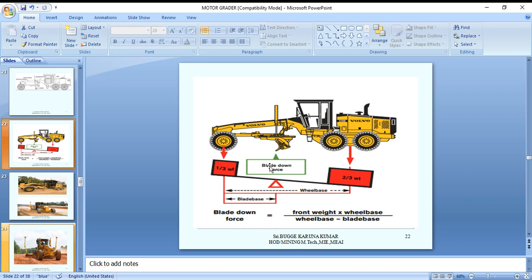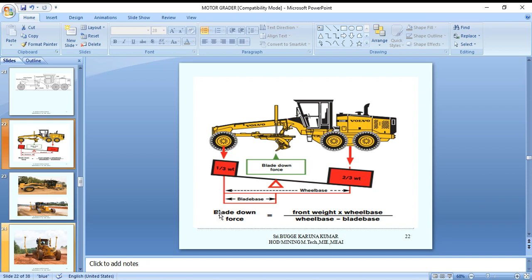So the blade down force, how much force is acting, is equal to front weight into wheelbase divided by wheelbase minus blade base.